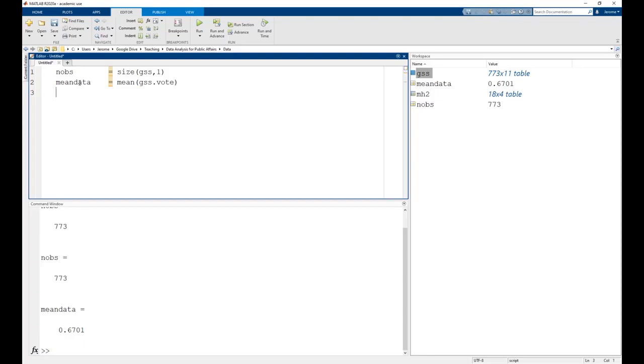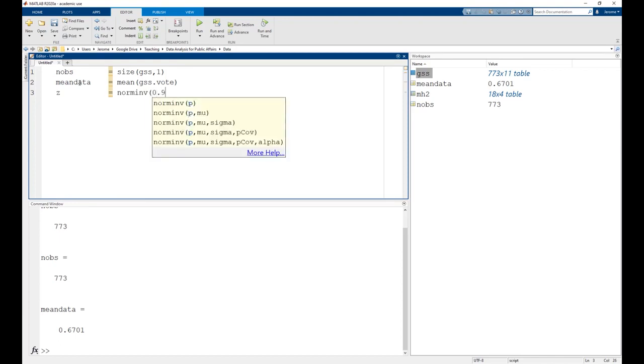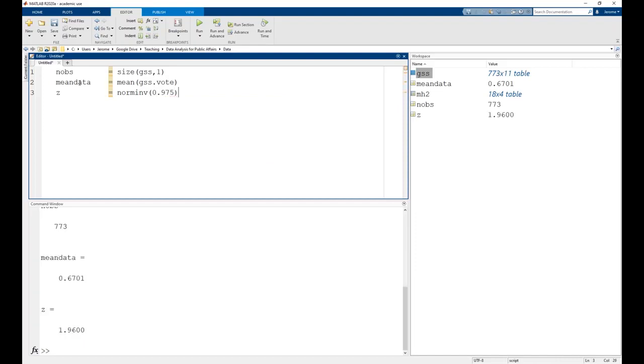Now, you have to use the z-value, which is the cutoff point of the normal distribution that leaves 2.5% in either end. To do so, we use the normal function inverse. We already know what the value is going to be, because that value is going to be 1.96, but here we have defined it.